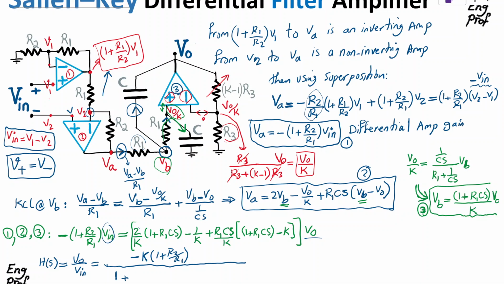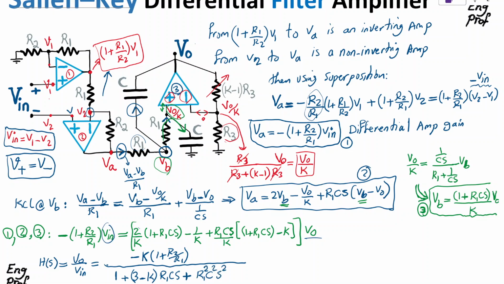And then on this side we have 2R1CS, and then 2 minus, let's make sure I'm not missing something. So we get 3 minus K R1CS, and finally, to simplify everything, we get the final component, which is basically R1 squared C squared S squared.